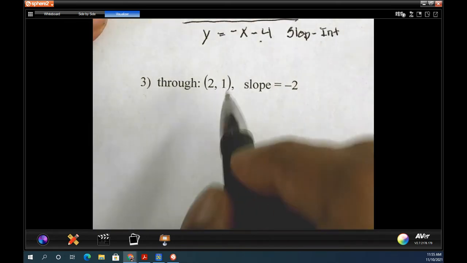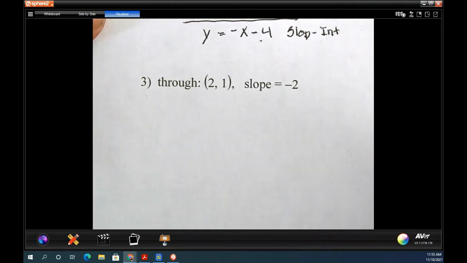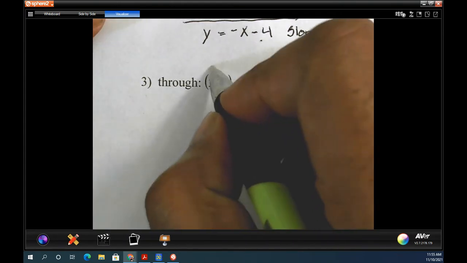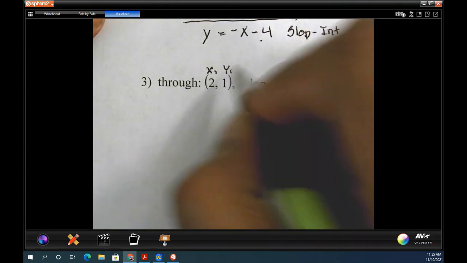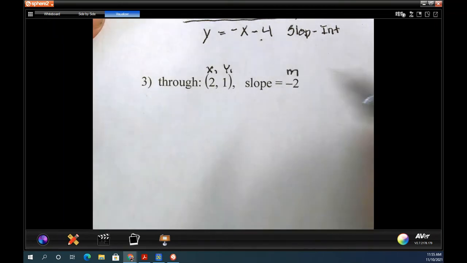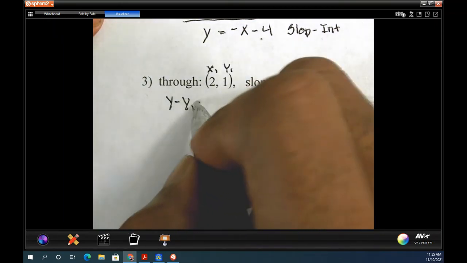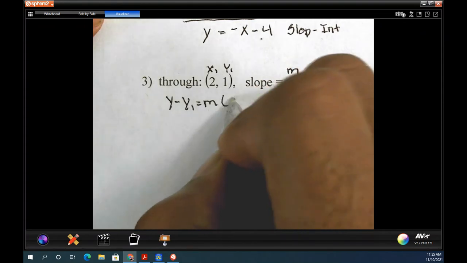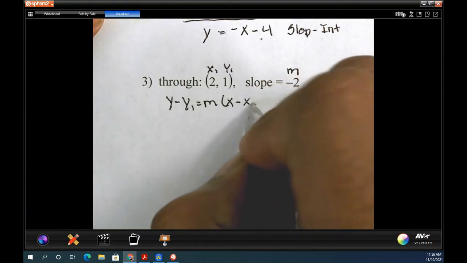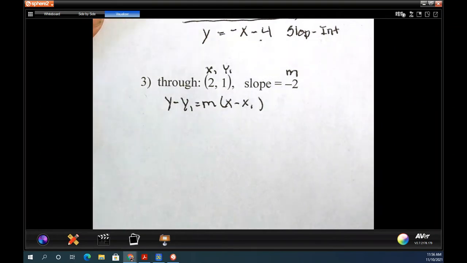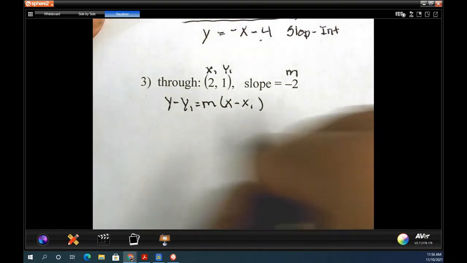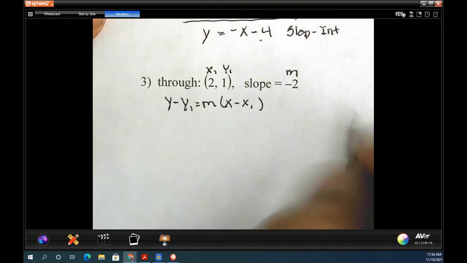Goes through the point 2, 1, and a slope of negative 2. All right, here's your x1, y1. Here's your m. Start with your formula. Y minus y sub 1 is equal to m times x minus x sub 1. You got to have that written down. Then I want to see you get it into point slope form.